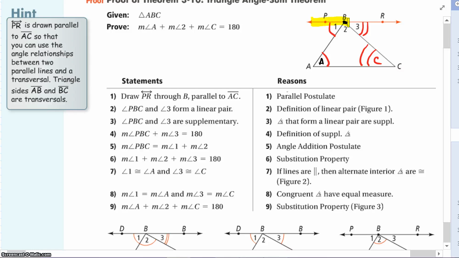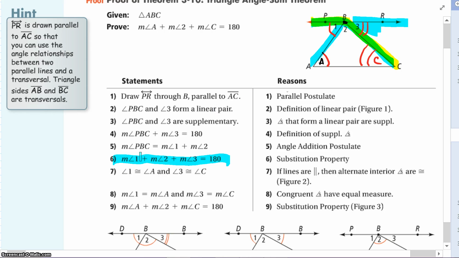Angle PBC and angle 3 form a linear pair, so angle PBC and angle 3 are supplementary. That's the definition of a linear pair. So we can say the measure of angle PBC plus the measure of angle 3 equals 180. So we can say the measure of angle PBC is nothing more than the sum of angle 1 and angle 2. So we can state the measure of angle 1, 2, and 3 equals 180.